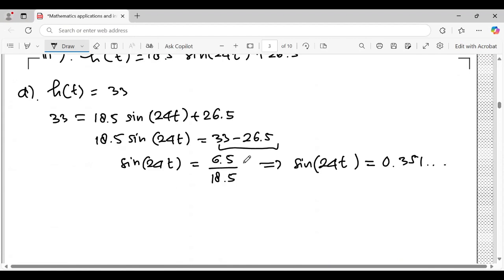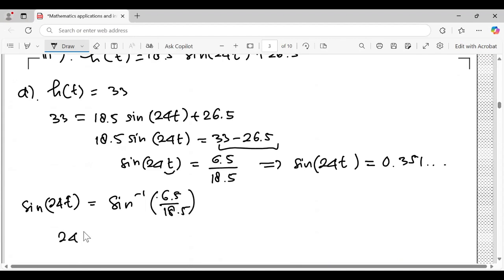And then we are going to find t. So 24t equals sine inverse of 6.5 over 18.5.